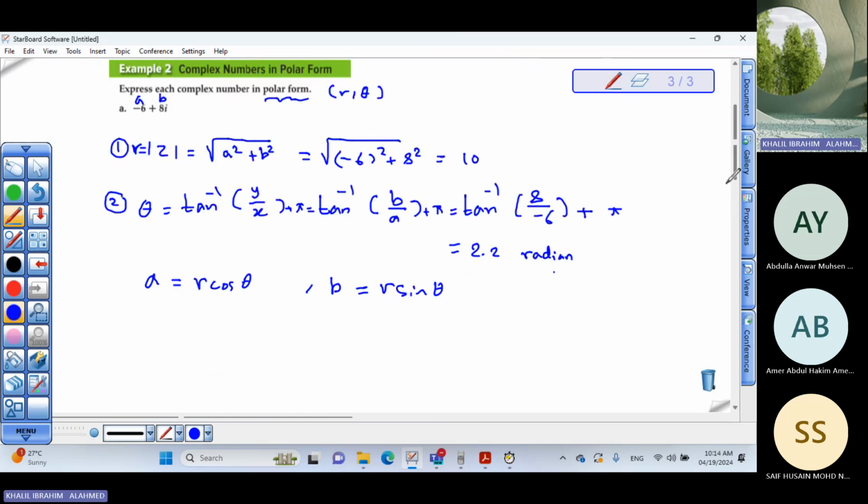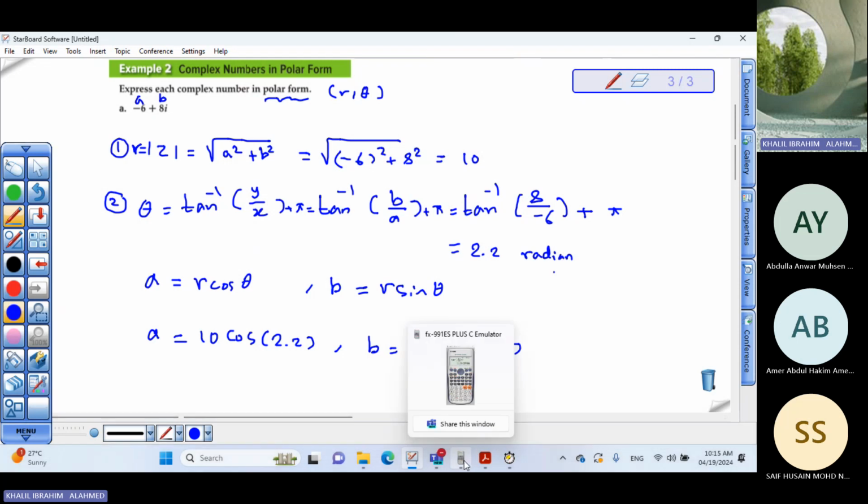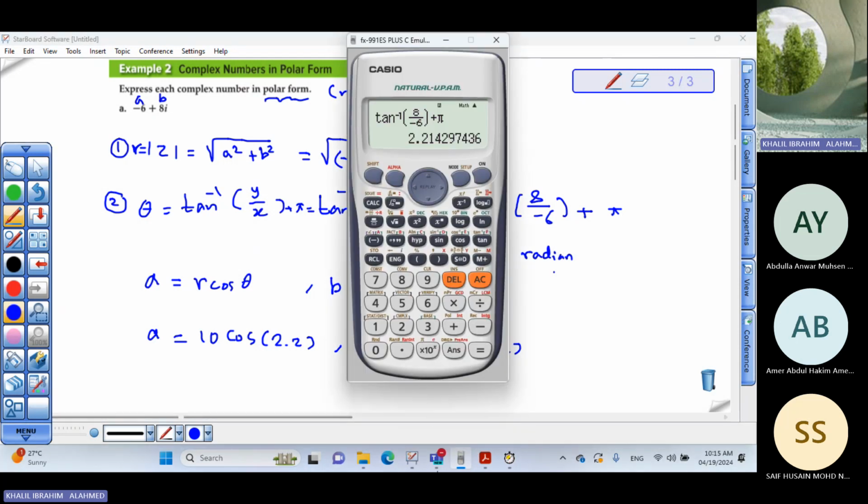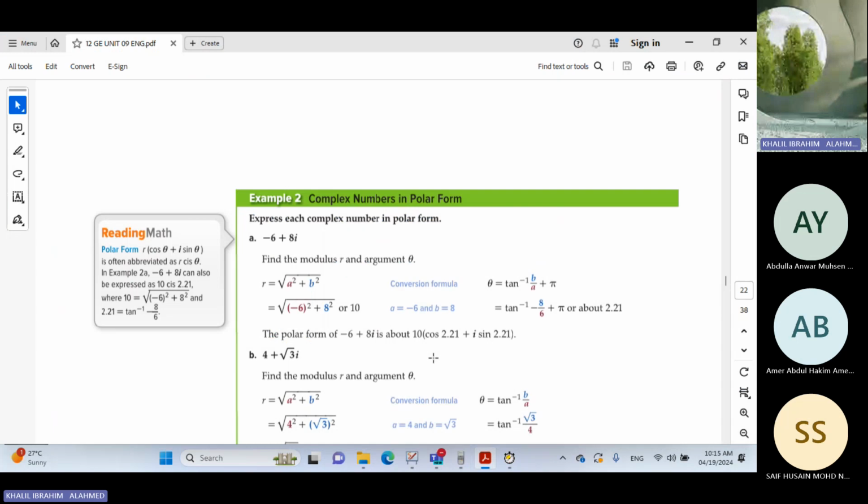Now step 3, just substitute r. a equals 10 cosine 2.2 radian, and b equals 10 sine 2.2 radian. We can solve it in degrees if you like. It's the same.